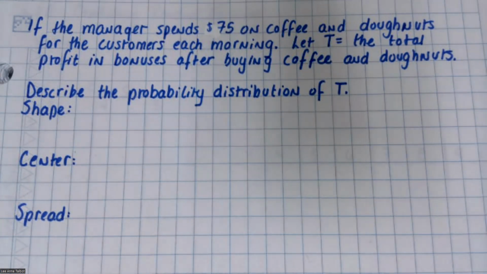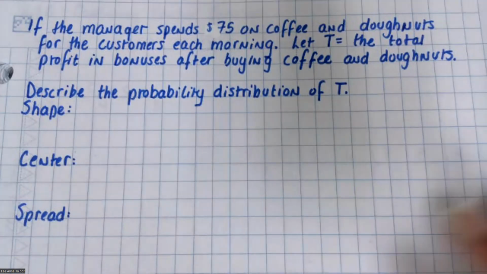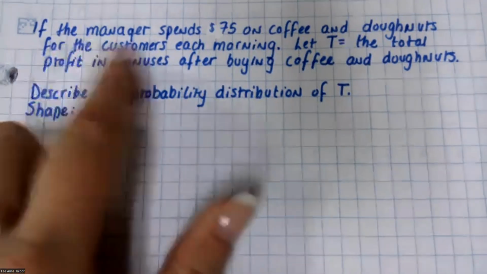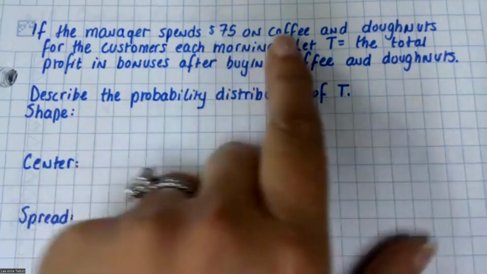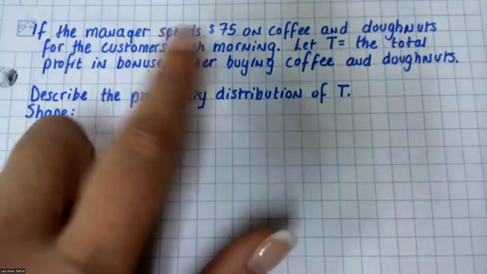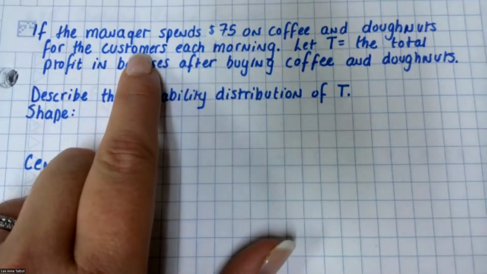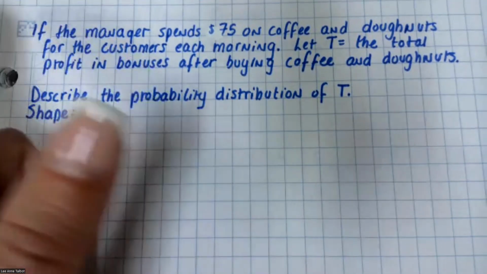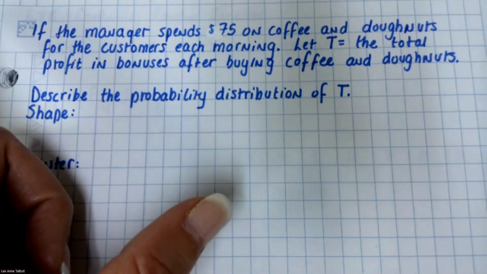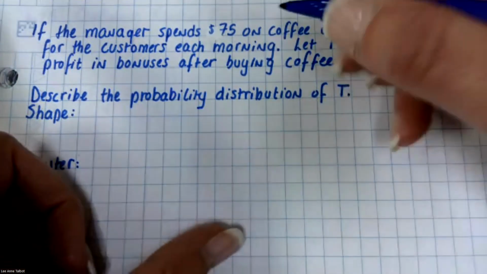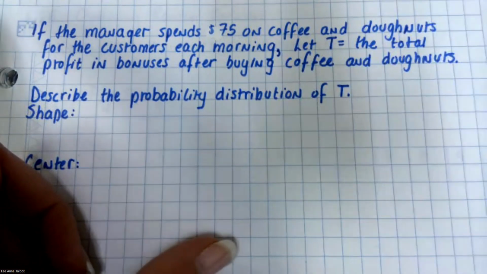All right, moving on. Last bit, then we're done. If the manager spends $75 on coffee and donuts for the customers each morning, my husband would complain that, oh wait, did I just put an if in a sentence?